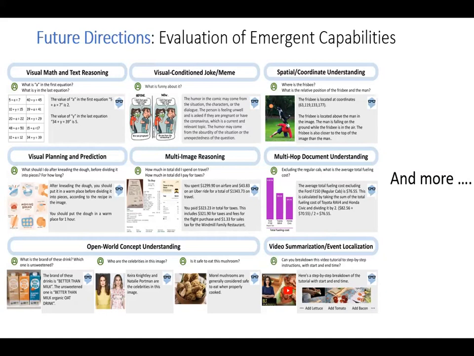And also they are either not covered by existing benchmarks, or the long chatty outputs from these models are not suitable for today's evaluation metrics. And we may need to think about new ways or new benchmarks to evaluate these emergent capabilities.